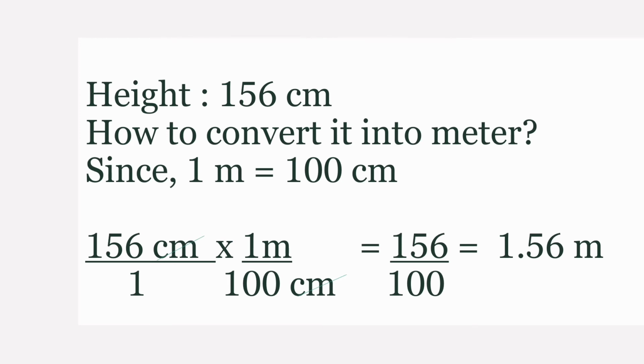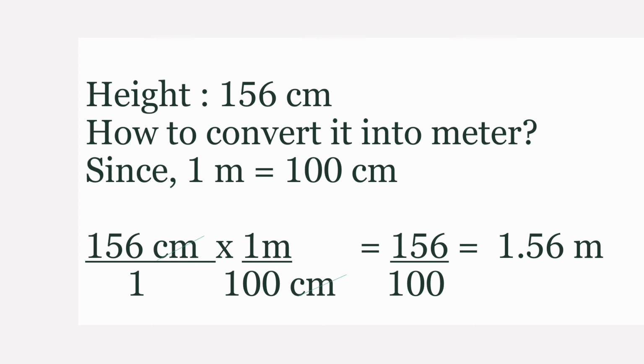I just showed you the step by step, but if you observe, I just divided 156 by 100 to get the meter. So for all heights in centimeters, to convert into meters, you just divide by 100.